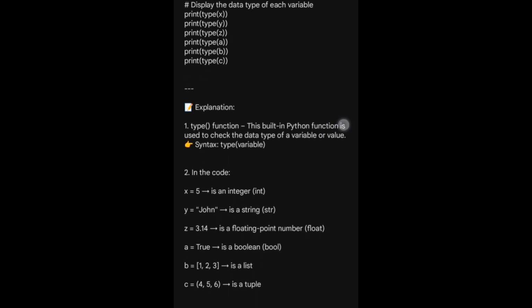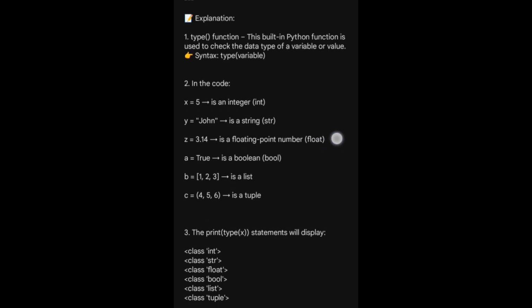In the code, x equals 5 is an integer, y equals "John" is a string, z equals 3.14 is a floating point number, d equals True is a boolean, b equals [1, 2, 3] is a list, c equals (4, 5, 6) is a tuple.